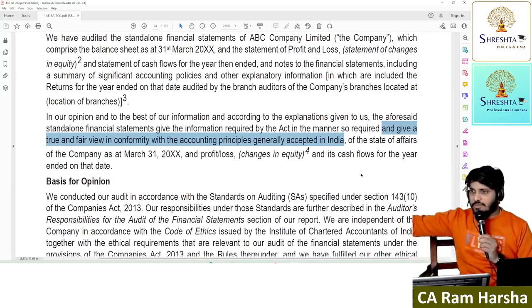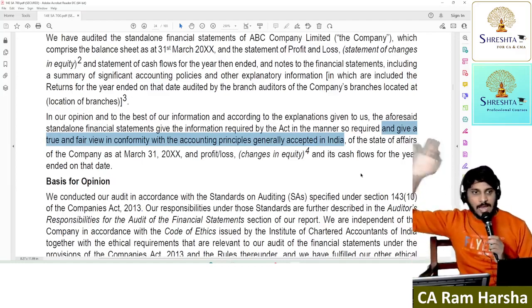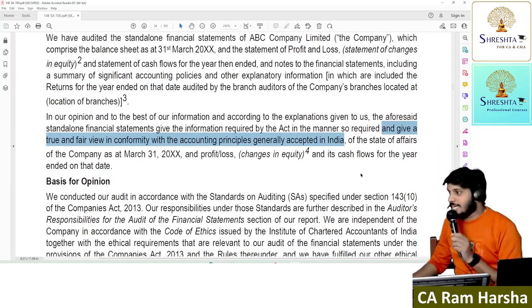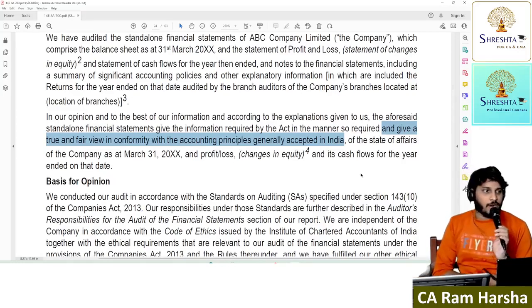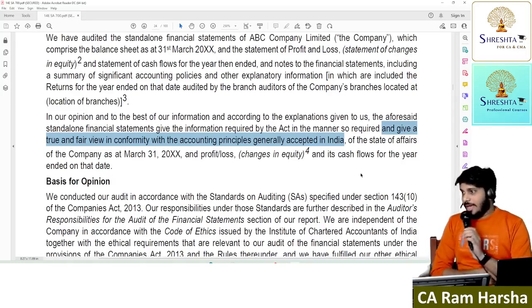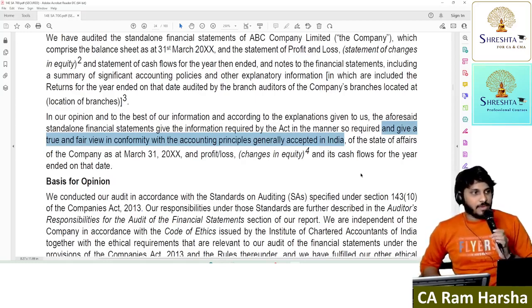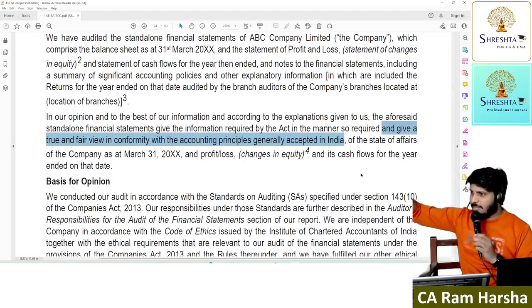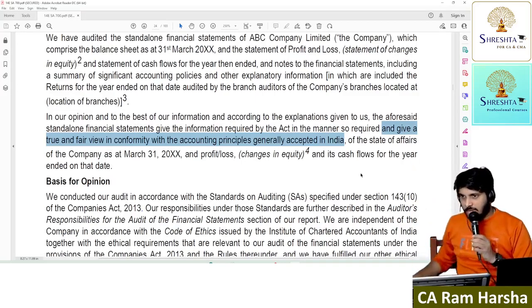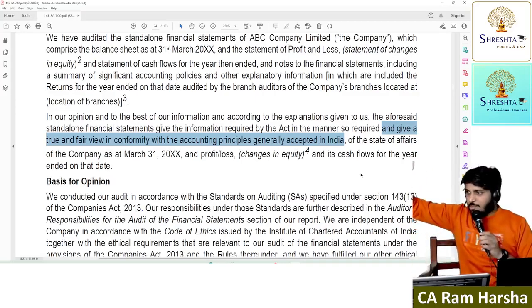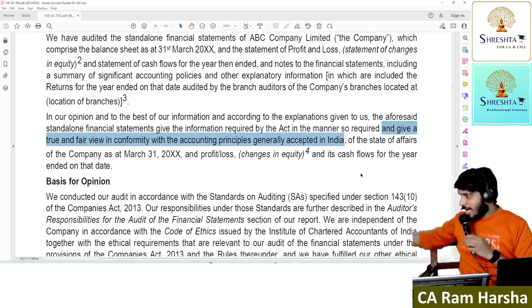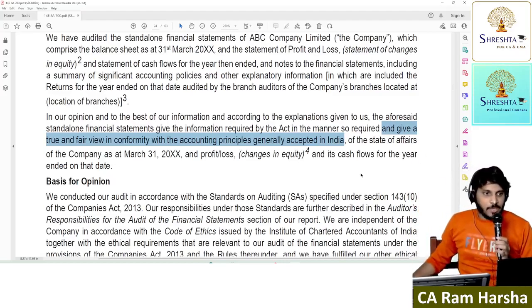Suppose the true and fair view words are not used, what will happen? Every company shall prepare financial statements as per Schedule 3, as per accounting standards. Suppose the accounting standard is asking me to follow either the SLM method or the WDV method. But for my company's plant and machinery, both are not suitable. I have to follow the production units method.